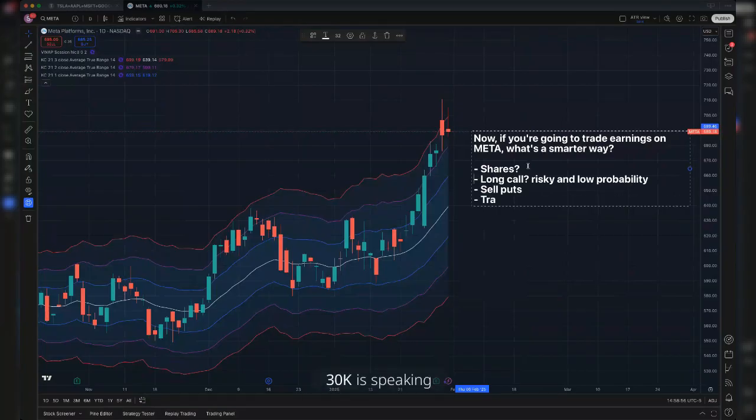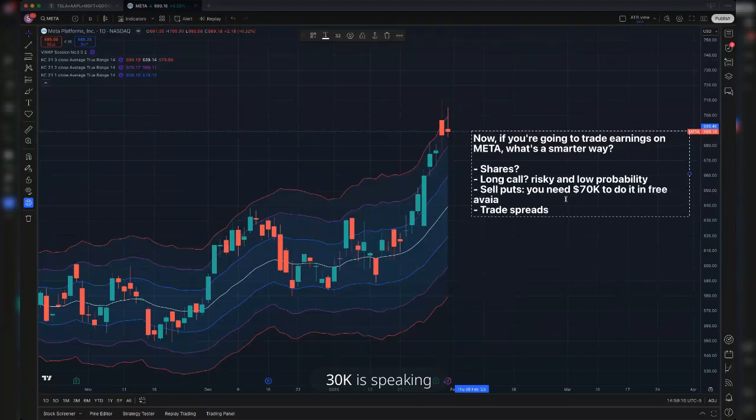You could trade spreads. The risk with selling puts is you need 70K in free available capital to do it. That's high risk, and then you have risk of assignment.